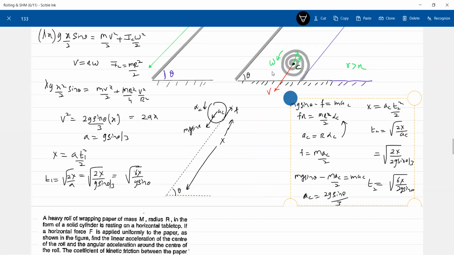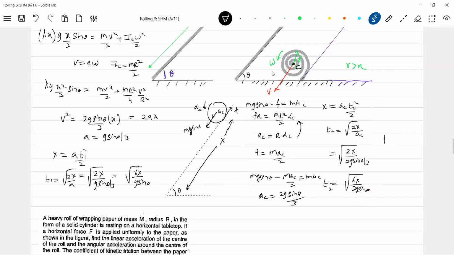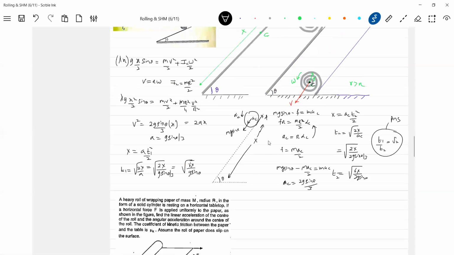So most of the data, if you can remember, in exams you can save time. That's what is here. This will be the answer. I'll scroll down.